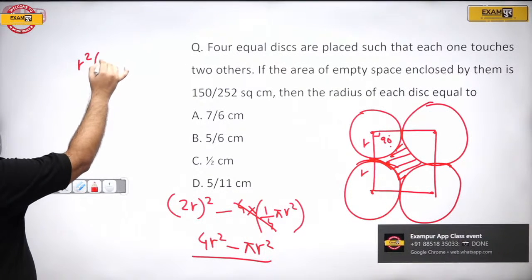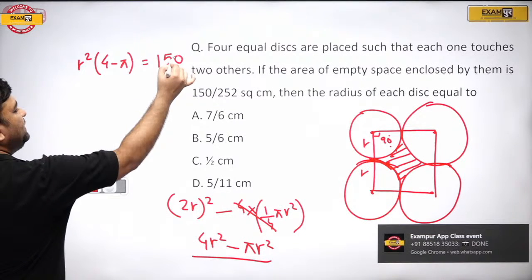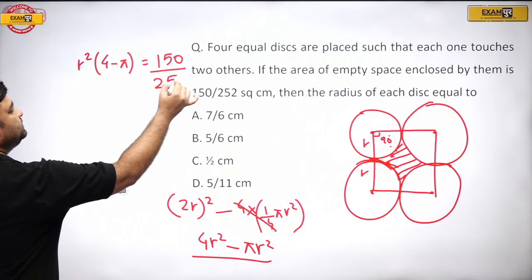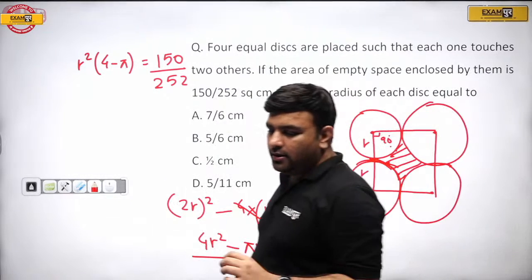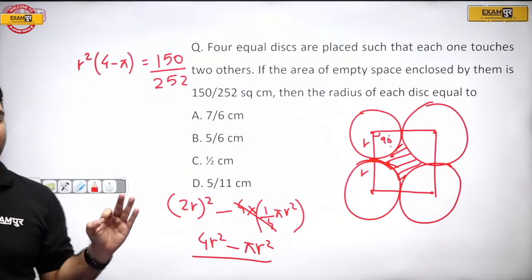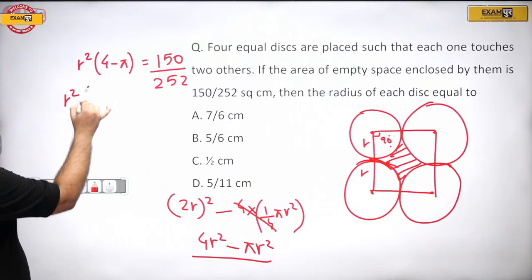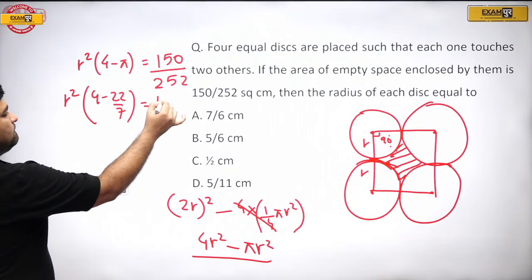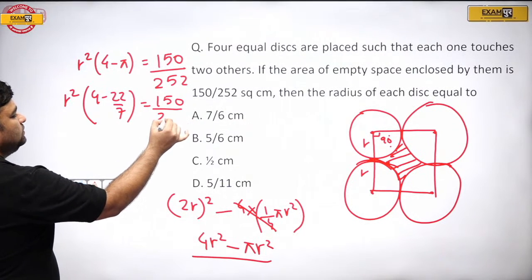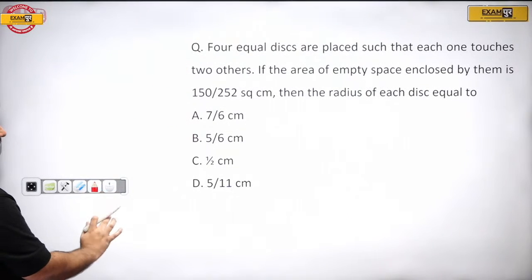Take r square common: r square (4 minus pi) is equal to 150 by 252.